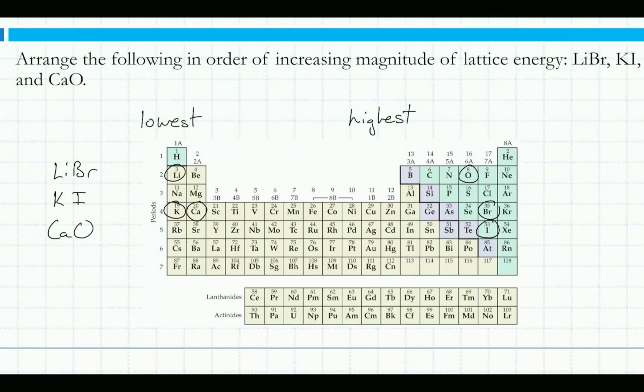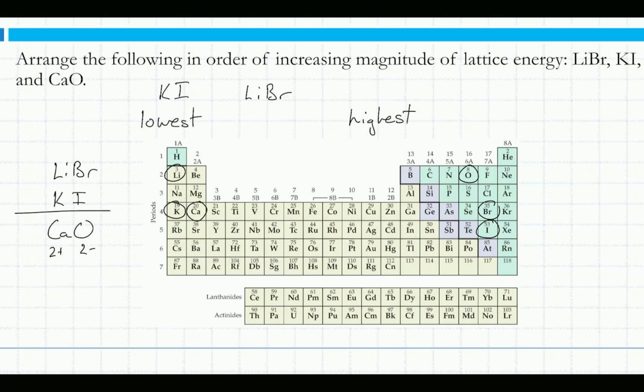Yeah. So we've got two things going on, again, the difference in size and the difference in charge. Calcium oxide, because this is 2 plus and this is 2 minus, is in a league of its own. We don't really want to compare sizes with potassium iodide or lithium bromide because the difference in charge is so much greater. Then potassium iodide is going to be our lowest, because it's the largest and it's only a 1 plus and a 1 minus.